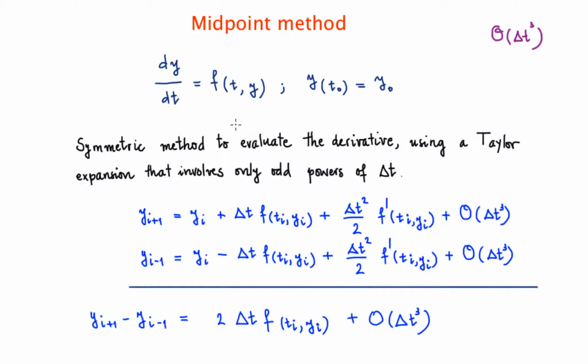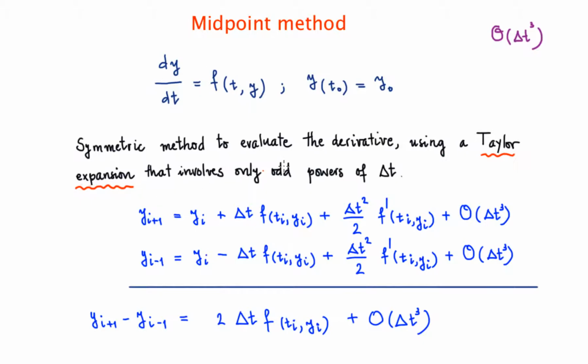So the strategy that we're going to follow in order to derive that method is the same strategy for all the methods: we're going to use the Taylor expansion again in order to derive the method.